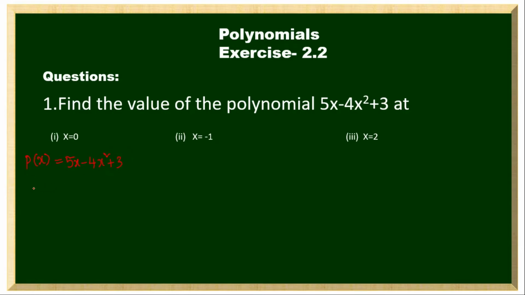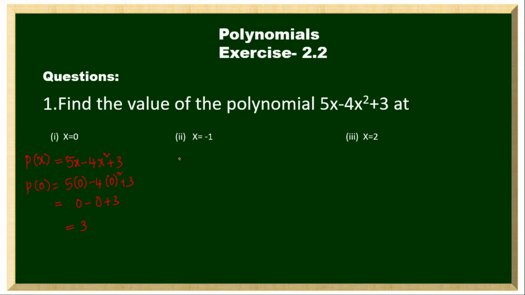So x equal to 0, right? So p of 0 equal to 5 into 0 minus 4 into 0 whole square plus 3. 5 into 0 is nothing but 0, minus 0 square is 0, 0 into 4, 0, plus 3. So the value of this polynomial at x equal to 0 is 3. Right? So this is the value of the polynomial.